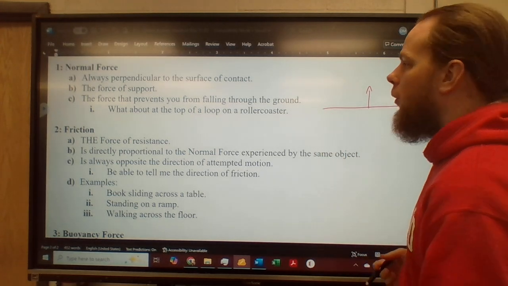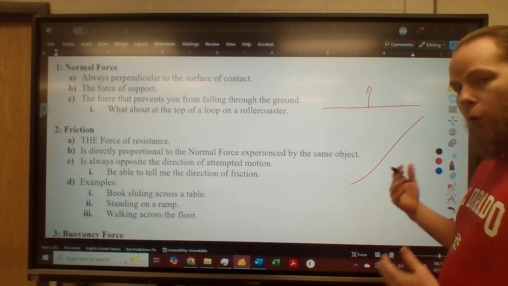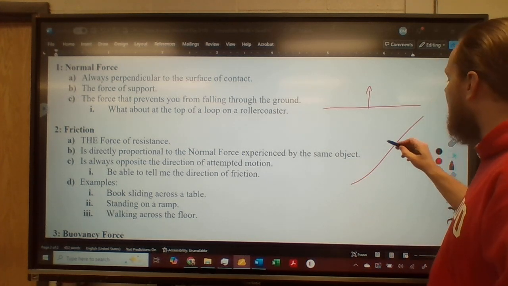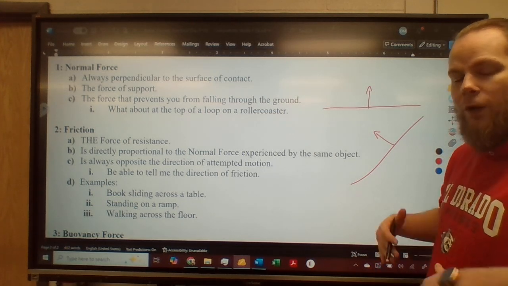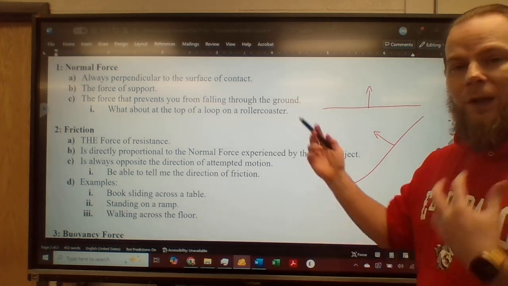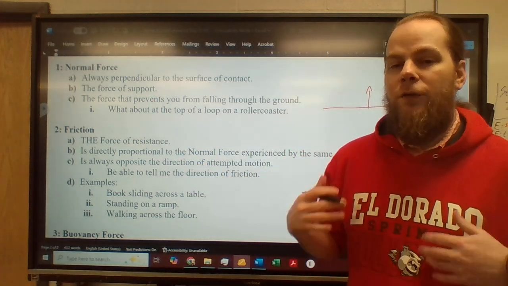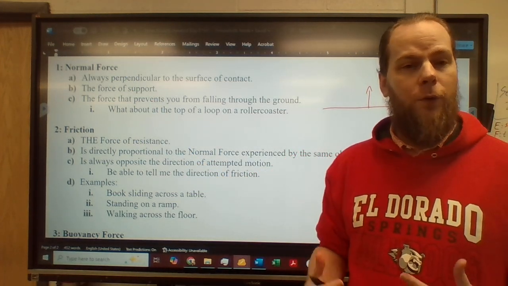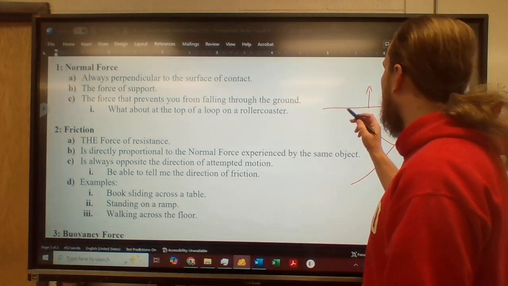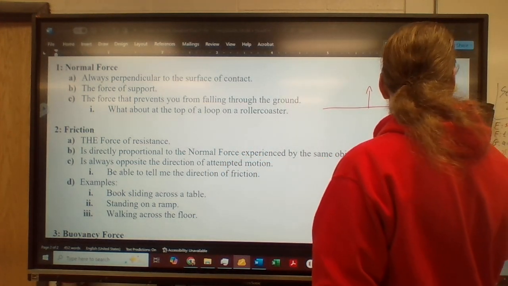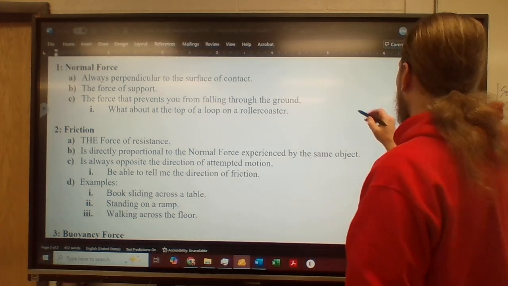So if you're on a slide, then normal to the slide is perpendicular to that slide. So we call this the normal force because it is the perpendicular force. It's the support force, the force of support, so it's always perpendicular to your surface of contact. I currently am standing on the floor.